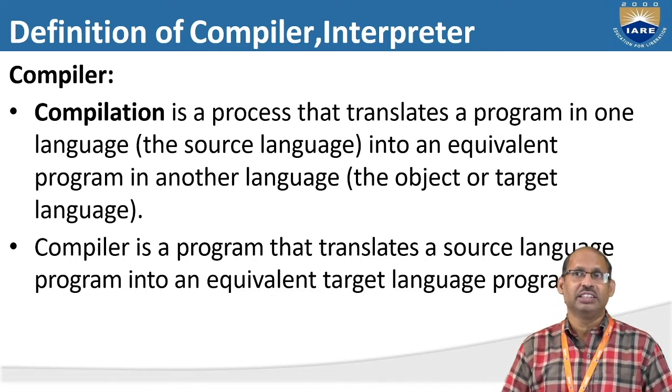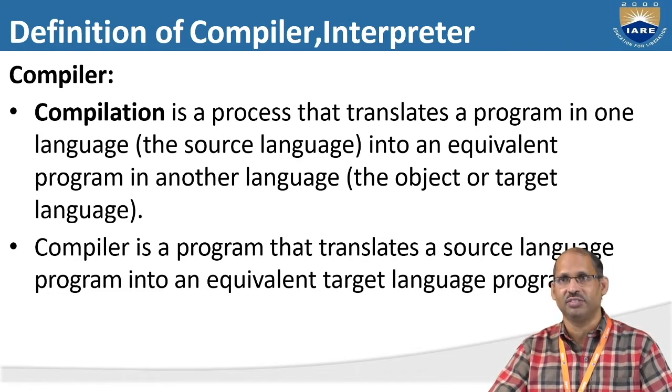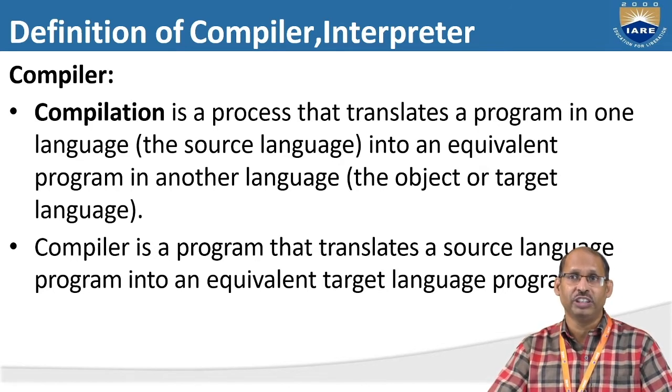So compilation is a process that translates a program in one language, meaning source language, into an equivalent program in another language, that is an object or target language. Here, depending on the machine on which we are executing the programs, it will depend on which object program or which target program we have to use.